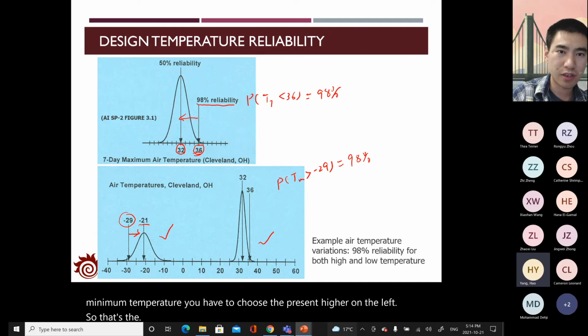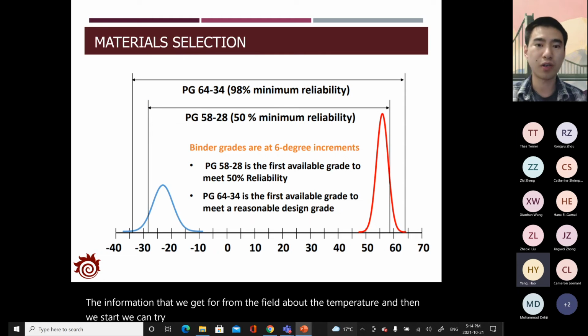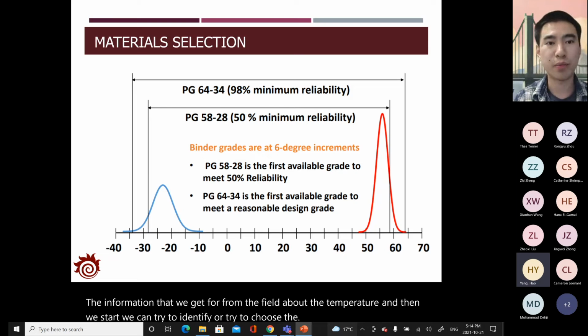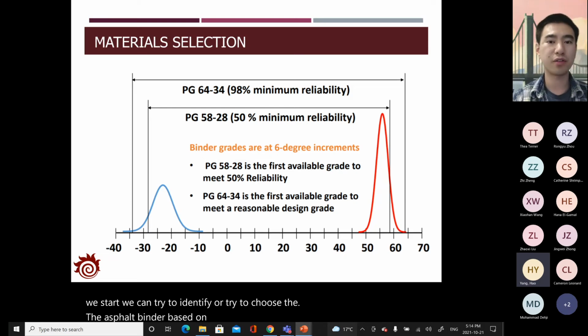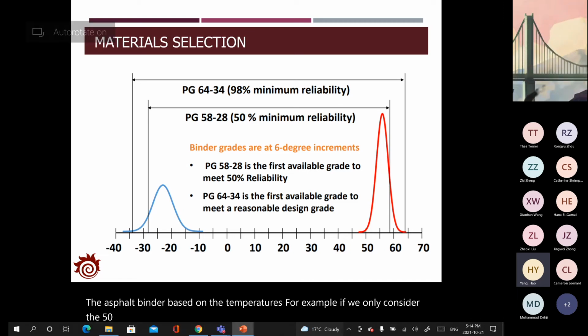So that's the information that we get from the field about the temperature, and with that we can try to choose the asphalt binder based on the temperatures. For example, if we only consider the 50% reliability, then what we can find is the performance grade is PG 58 minus 28.